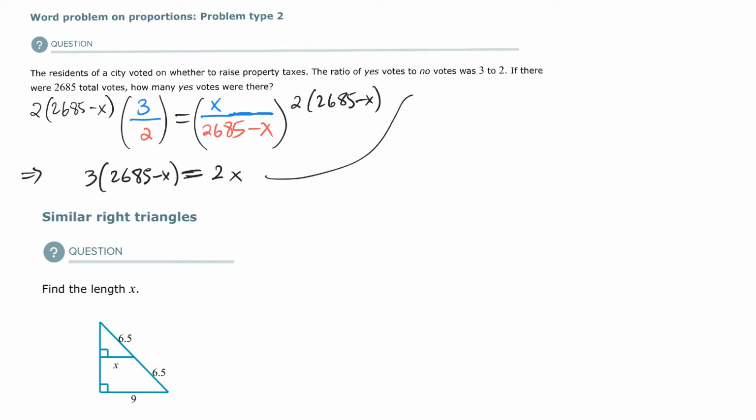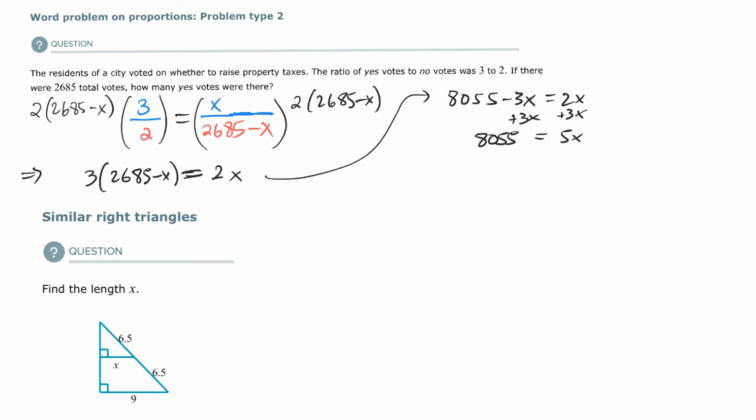Let's solve this. So we got 8,055 minus 3x is equal to 2x. So 5x is now equal to 8,055, and we could divide by 5.